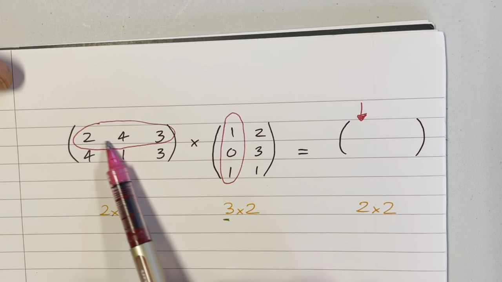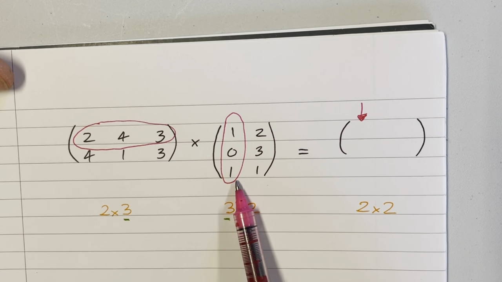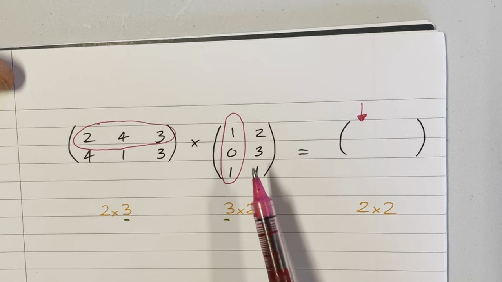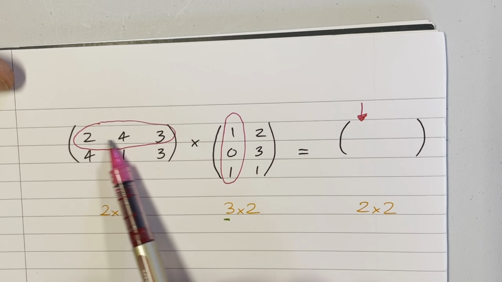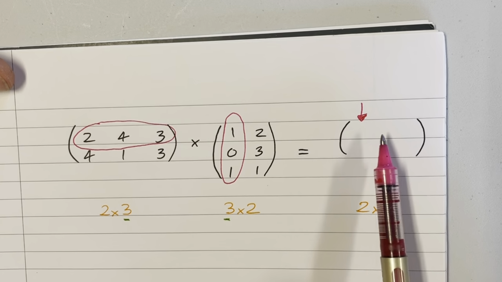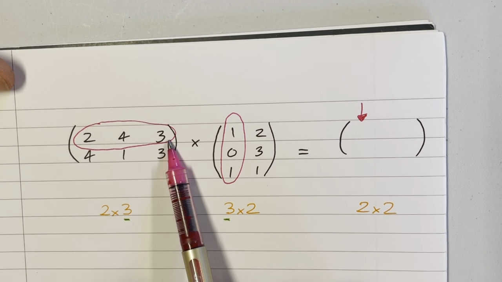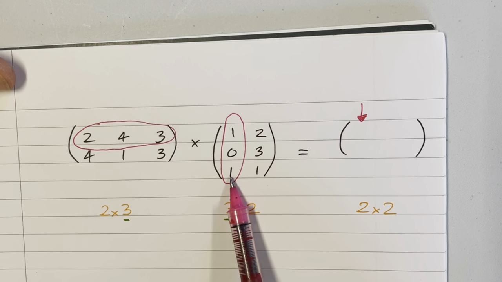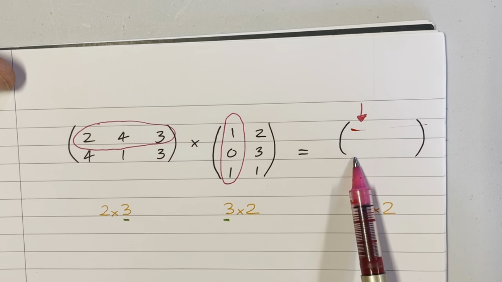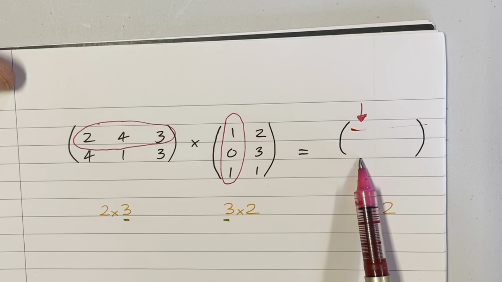So the top row and the left column, you always take the row from the first matrix and the column from the second. The top row and the left column will give you the top row left column element. Okay, so the top row from the first matrix, the left column from the second, will give you the top row left column element in the answer matrix.